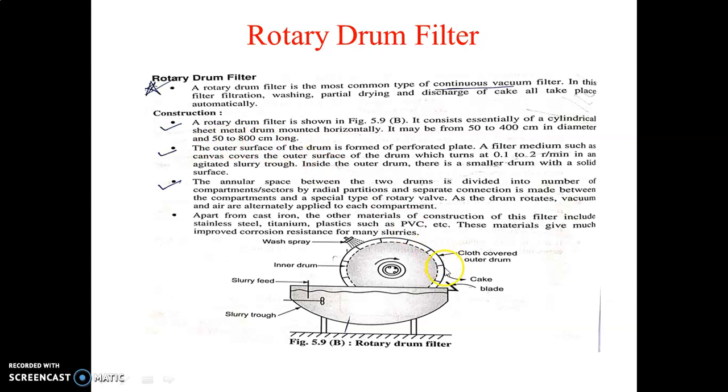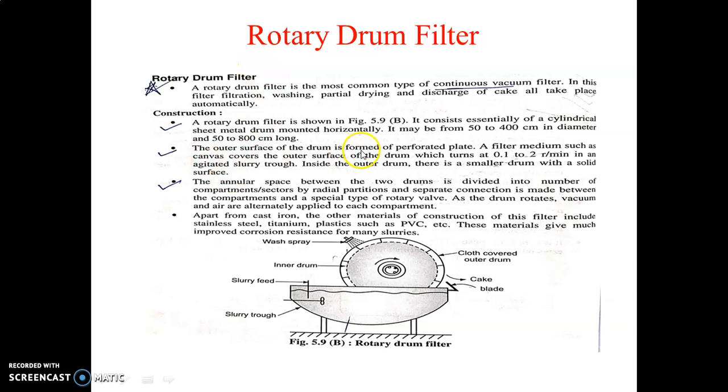So this filtration unit is like this. We only have this front view, but this portion may be extended. Actually it is extended, but this is not shown in the figure. I will show that in the next video.